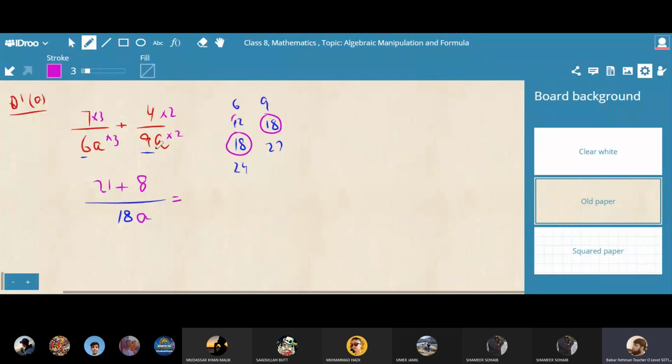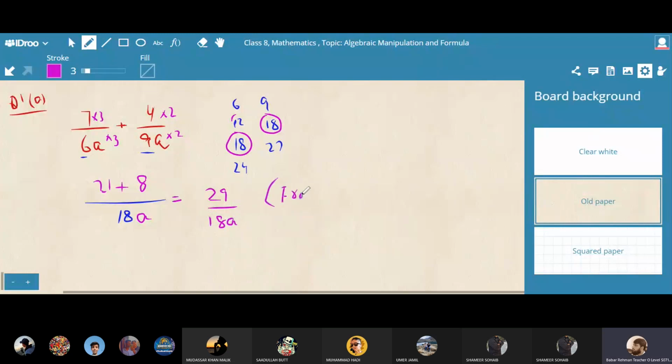Remember, the power of the variable is 1. If there is a square, I put the square over here. What is the answer now? 29 upon 18a. This is our fraction.